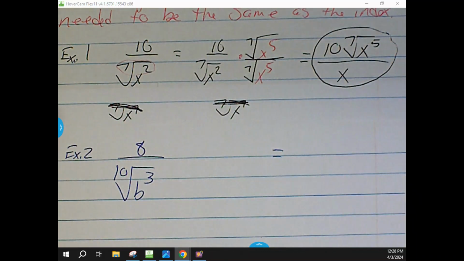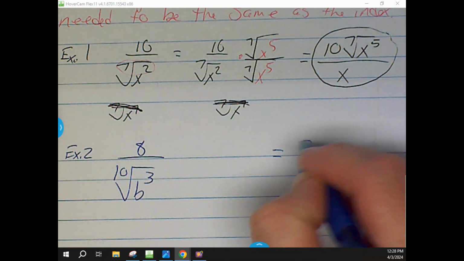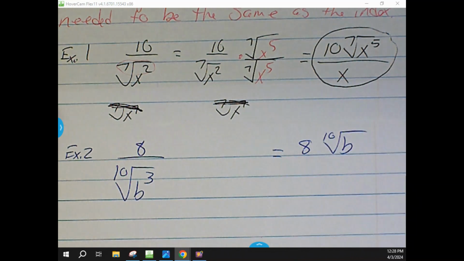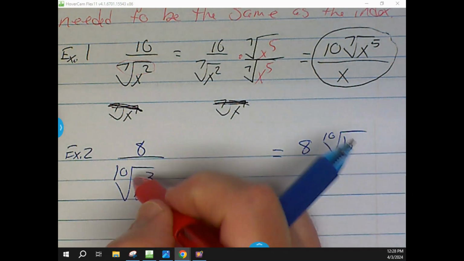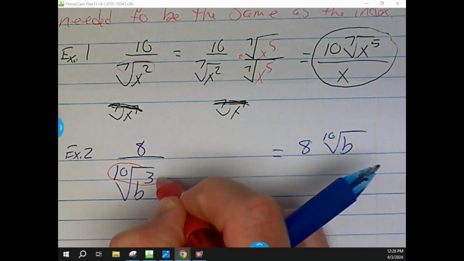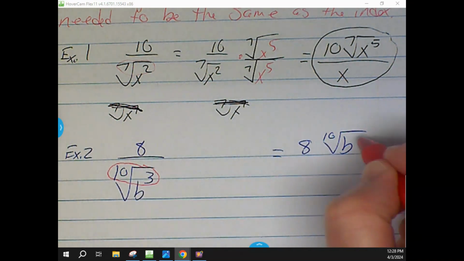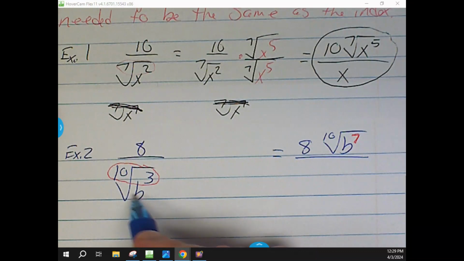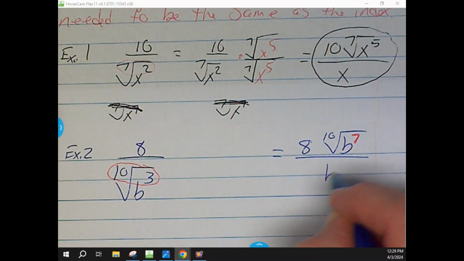Again, here's where we borrow what we did before with the shortcut. We've got the 8 on top. We're going to move the 10th root of b up here. The only difference is the number you need here is when you subtract those two numbers. So 10 minus 3 is b to the 7th. And on the bottom, you can give me just the variable, whatever it was. You can cancel out your powers and just make that a b.